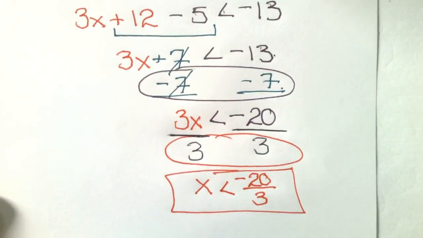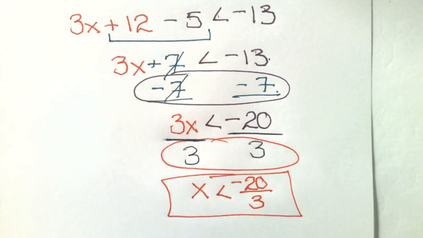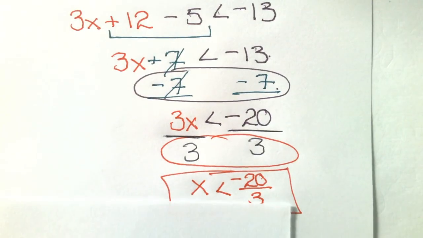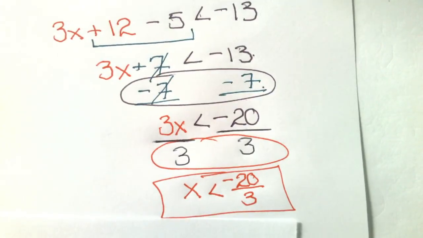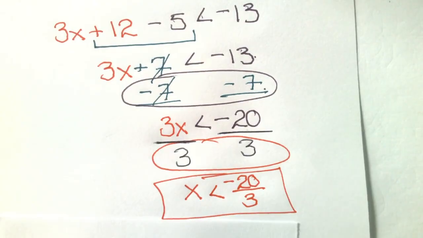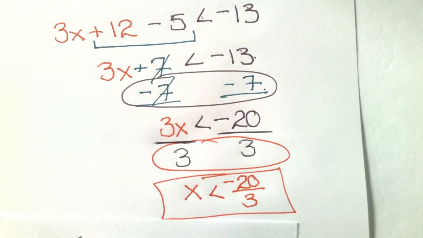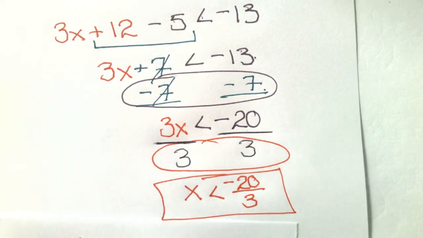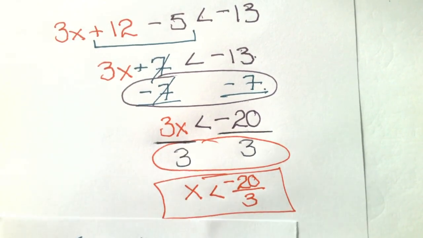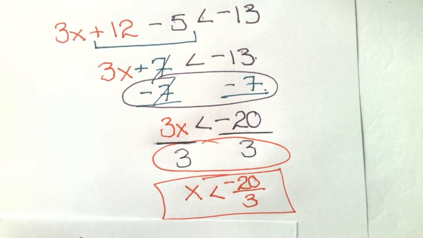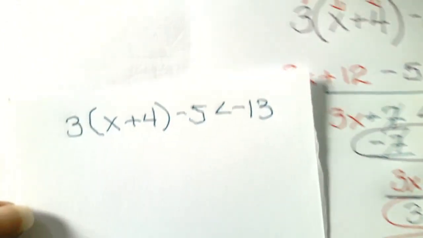All right, so this was one way of doing it. And you know me, I like a little bit of variety. So if we started off with 3 times x plus 4 minus 5 is less than negative 13, this was the original inequality.